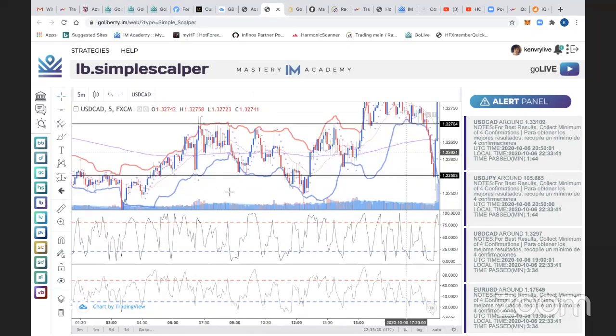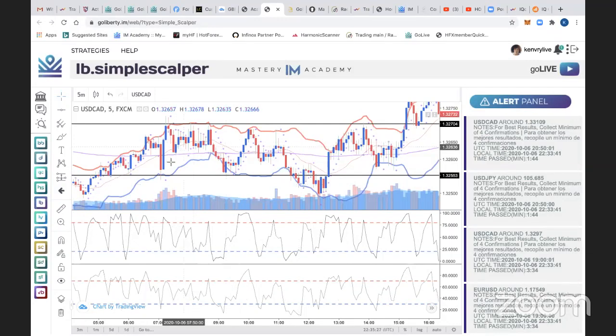So the first confirmation is the blue candle. If you want to sell, the first confirmation you want to see is the blue candle going to bust, touch or cross the Bollinger Band. Are you all with me?